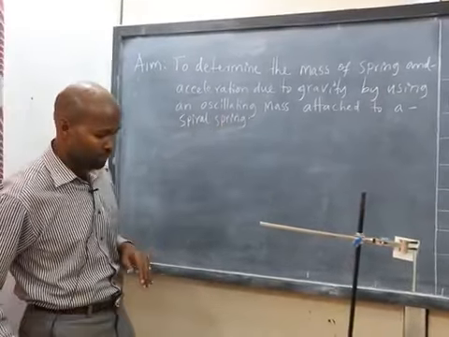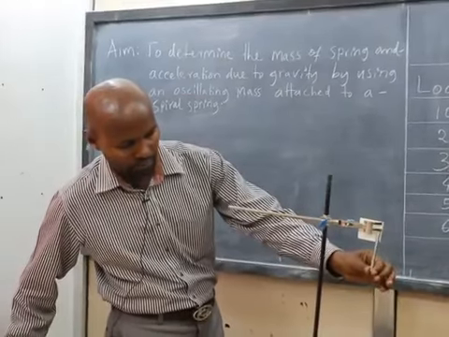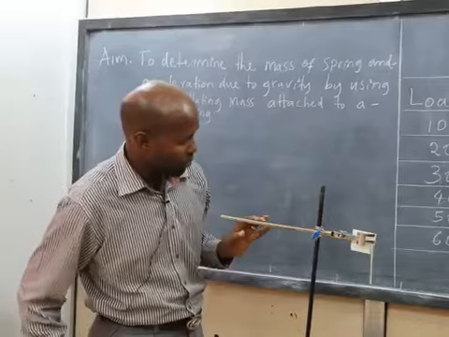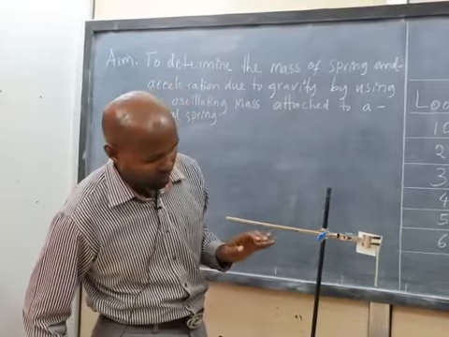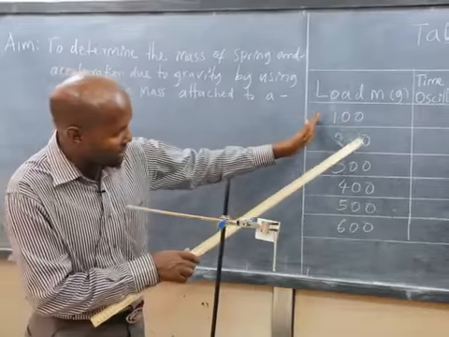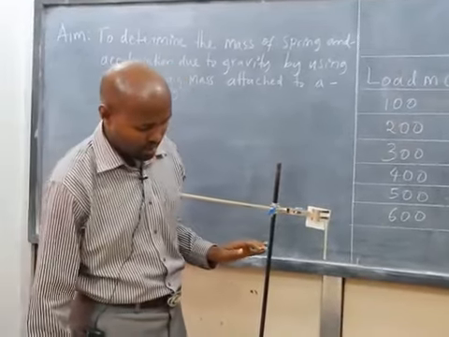Now this is our spiral spring, and this is a normal rheostat. We will be using several masses, as you can see in the table of results here, starting with the 100-gram mass, this one.